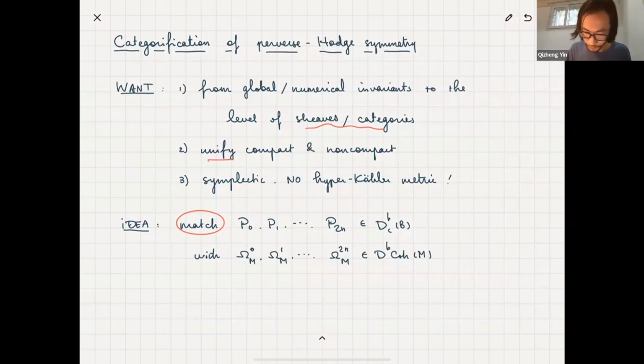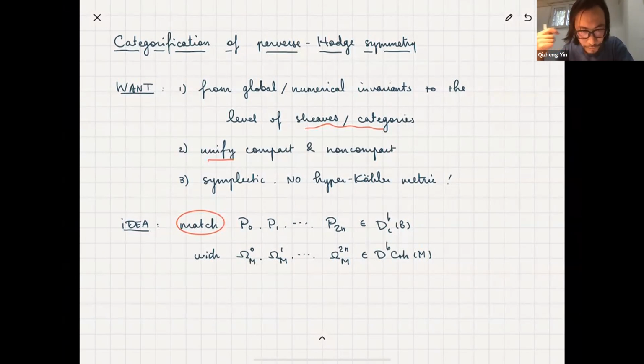statement? So now the key idea, so conceptually we would like to match these two, and now we want to solve, first of all, the problem of making a coherent sheaf out of a perverse sheaf.